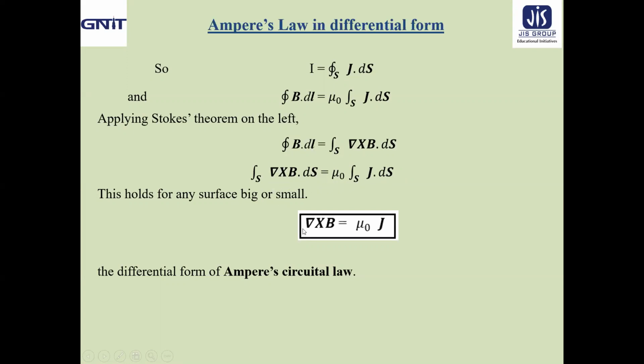That means del cross B equals mu naught J, which is nothing but the all important differential form of Ampere's circuital law, where we don't need to bother about the symmetry consideration strictly.